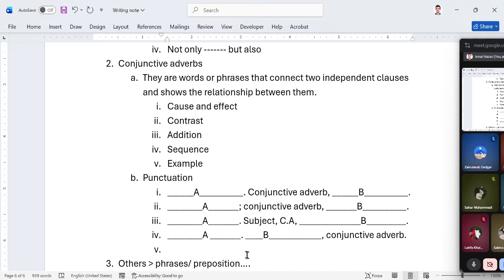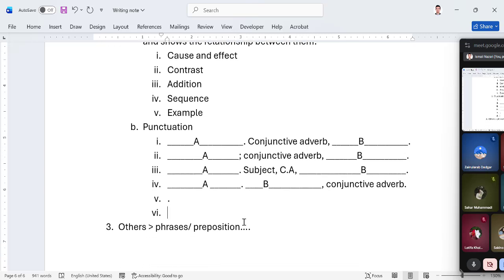Let's see, I will use a sentence first without connecting them. I will write a sentence. For example, if I say she studied very hard, that's the first sentence. And then we have she passed the exam.